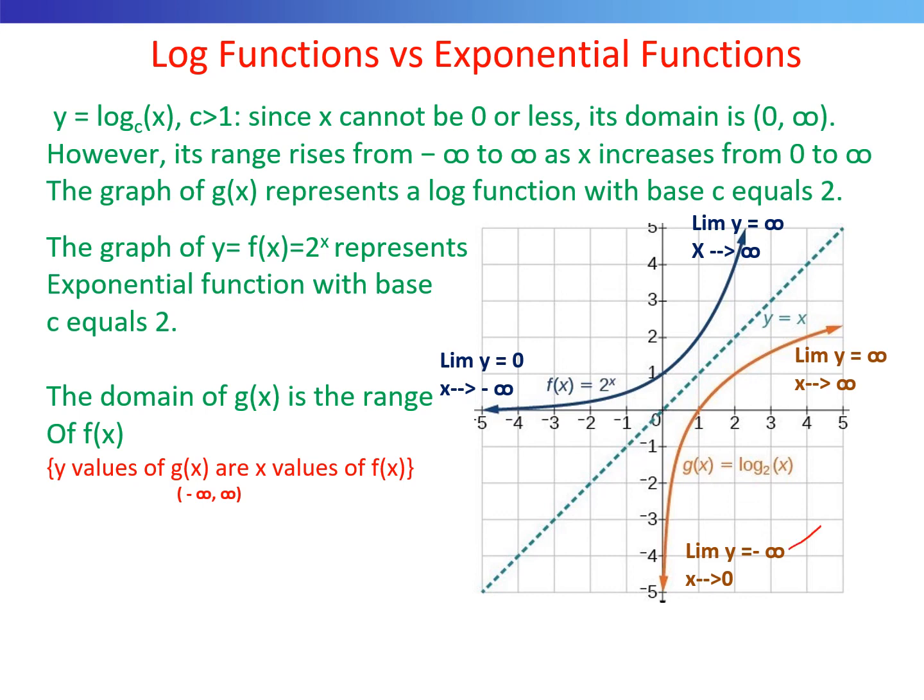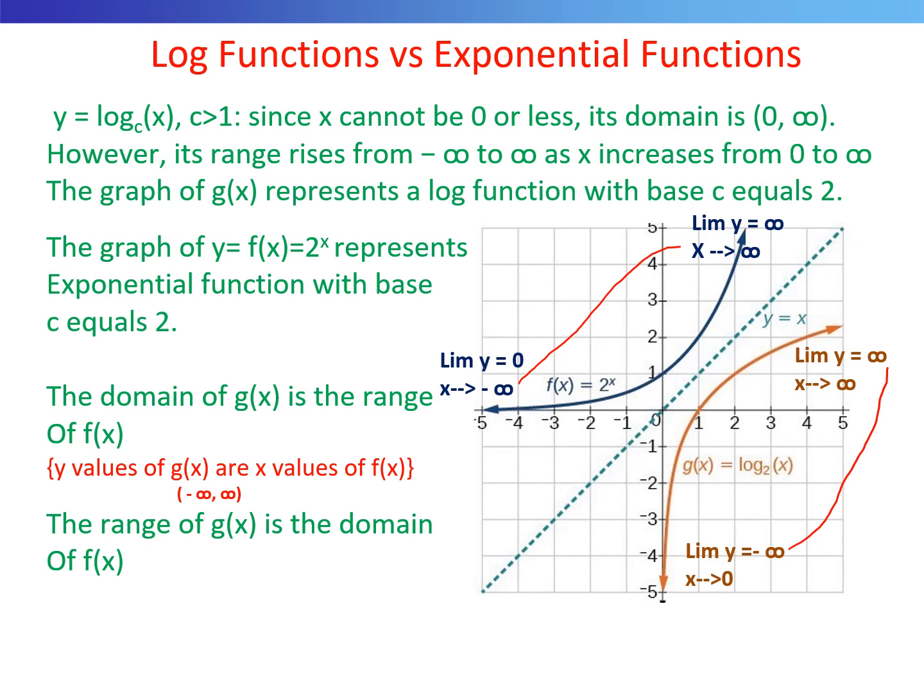This is the y value of g of x right here, from negative infinity to infinity. The y values of g of x, we said, equal the x values of f of x. What are the x values of f of x right here? Aren't they the same? Negative infinity to infinity, negative infinity to infinity. So they are the same. Let's take a look at the second point.